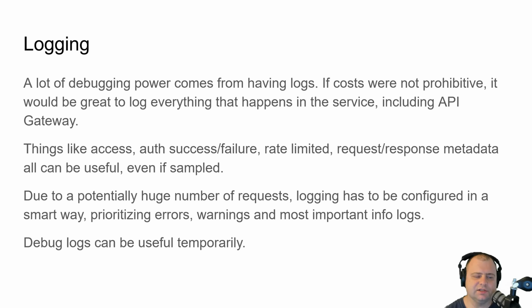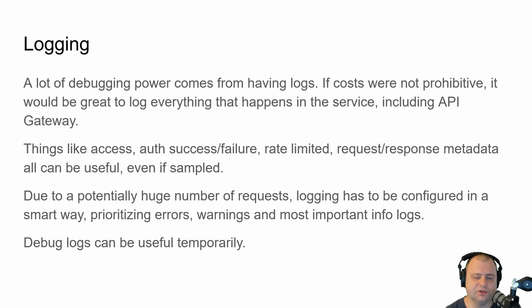We can have access logs for who gets to our system, authentication success or failure, some rate limited information, maybe some request response metadata, that, hey, we have this request, it returns status code 200, and here's the size of the response. But even those can be pretty huge, so most likely they're going to be limited and sampled.